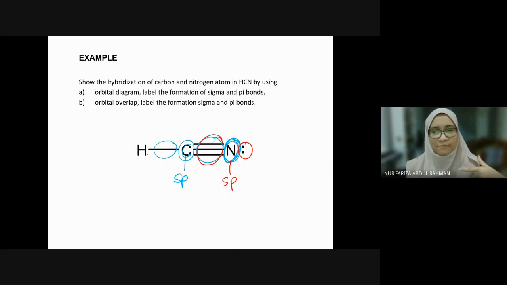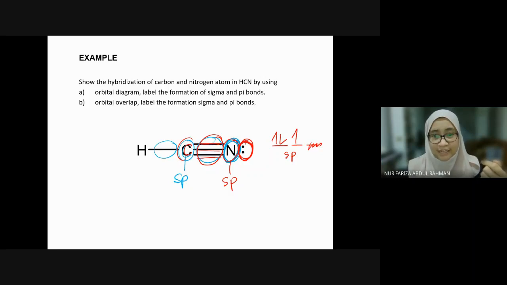Okay, that means when you imagine, from this one, H triple bond C, C triple bond N, you can imagine for nitrogen in the orbital diagram, it will have a full-filled orbital, because there is a lone pair. This is what we call a full-filled orbital, and it is sp. So it will look like this. This is sp. Okay, how about the carbon?